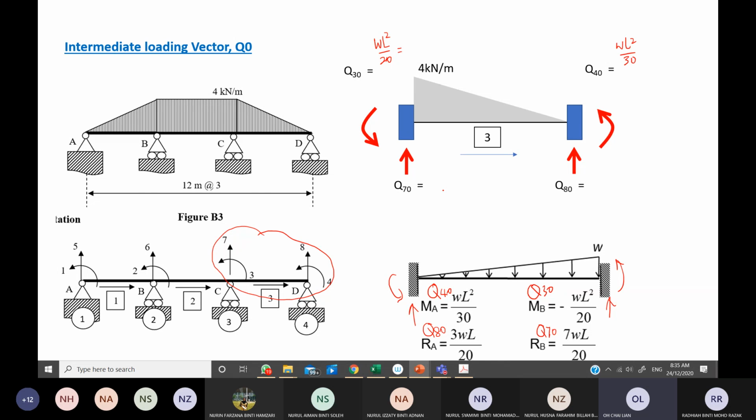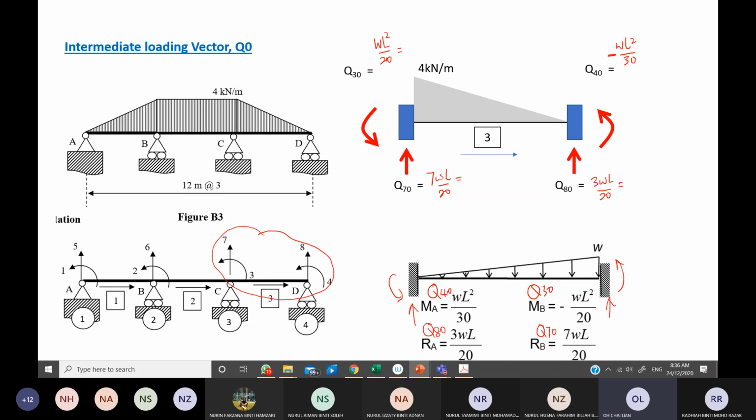Q7 naught will be 7WL over 20, and Q8 naught will be 3WL over 20. Again, this side is negative now. So let's get the value from your element 1.